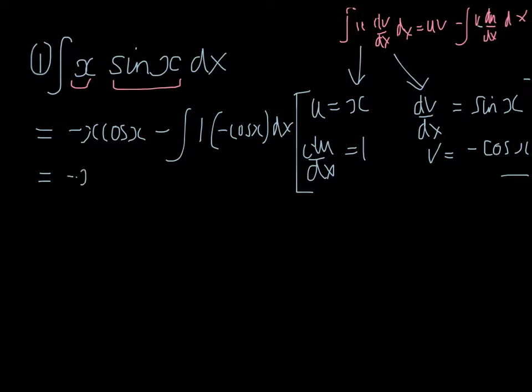So we've got minus x cos x, we had minus and then another minus, so it's plus the integral of cosine of x dx.